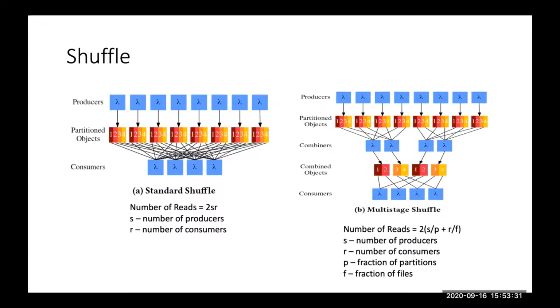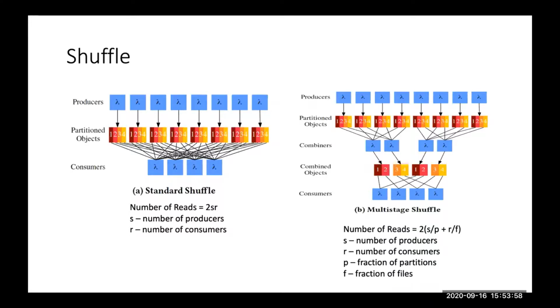The consumers only read the partition they want from each producer's object, so each consumer will read S partitions. What they say in the paper is that the number of reads will be 2 times S times R, where S and R are the number of producers and consumers.